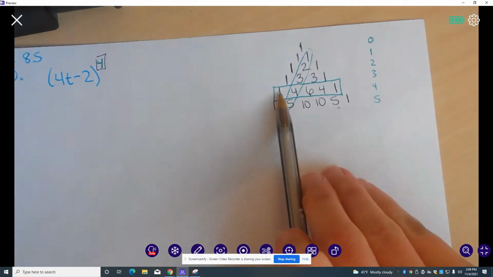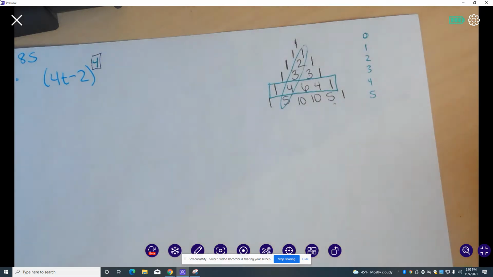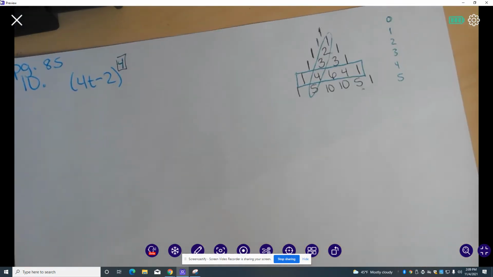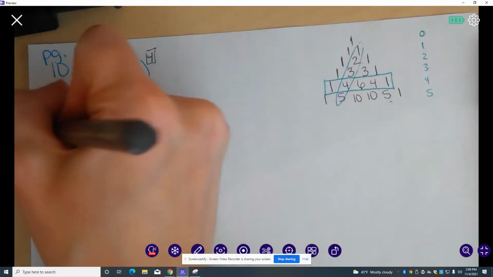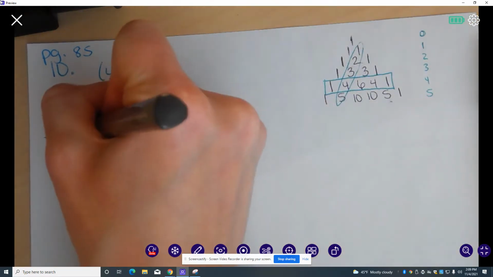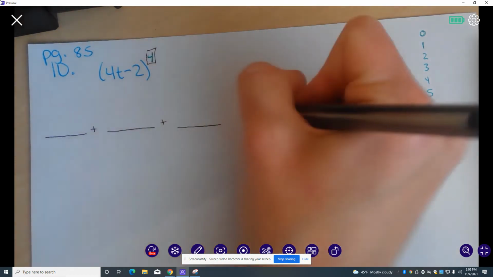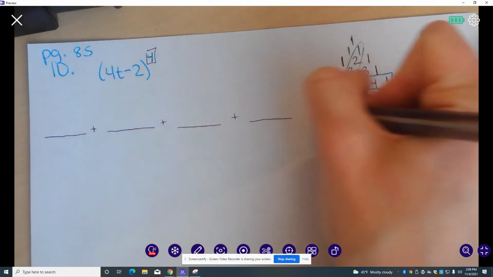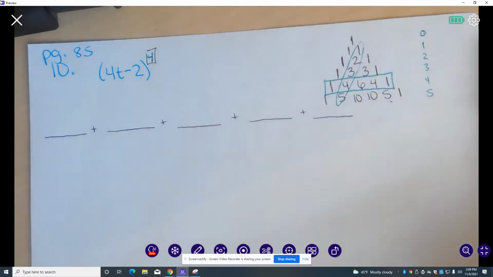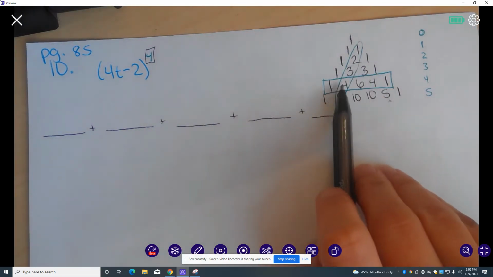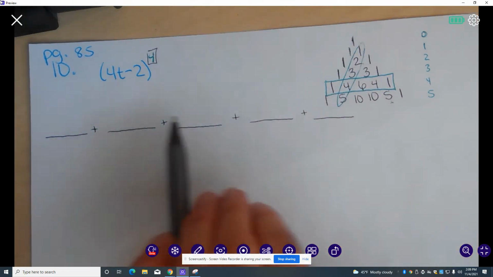Okay, now this has 1, 2, 3, 4, 5 numbers in the row. So I'm going to start by writing out 5 blanks. So there's 1, 2, 3, 4, 5. Okay. And what I do right away is these are the coefficients of each term here.